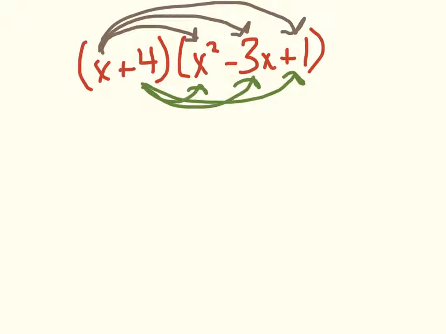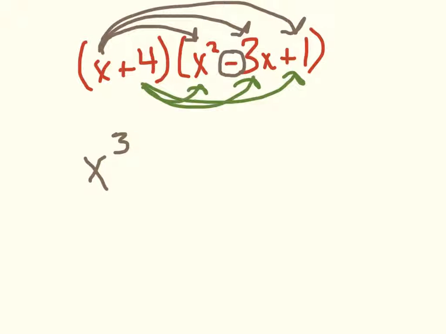X times x squared, which is really like saying 1x times 1x squared. So x, and then when we have exponents of 1 and 2, when we're multiplying, we add them together. So x to the third. And now I'm going to take that x and multiply it by negative 3x. Don't forget that operation sign, I'm sorry.